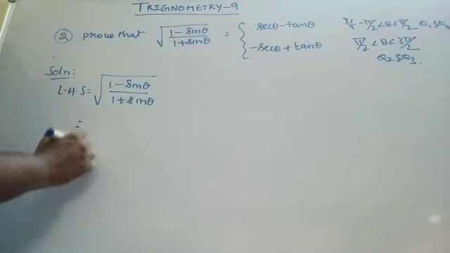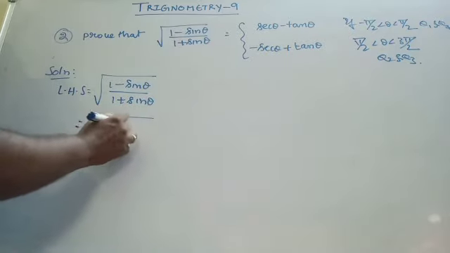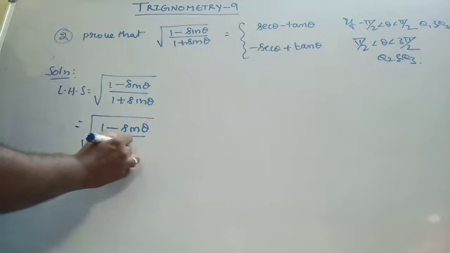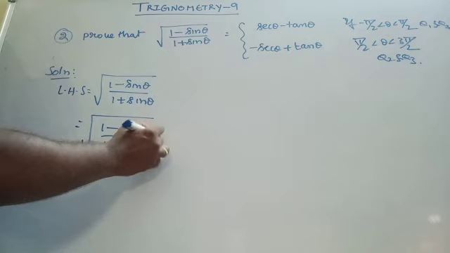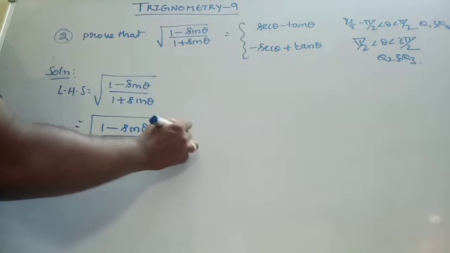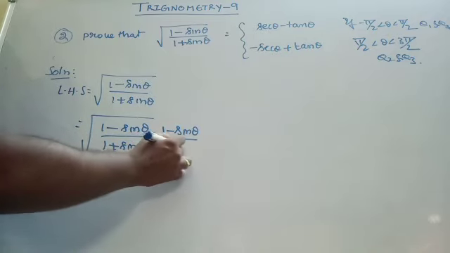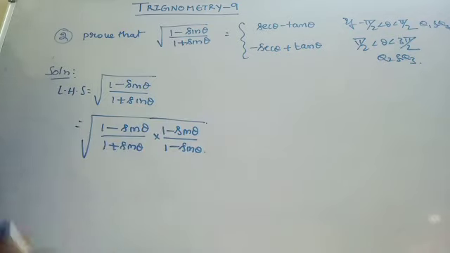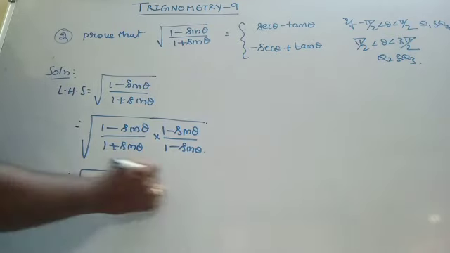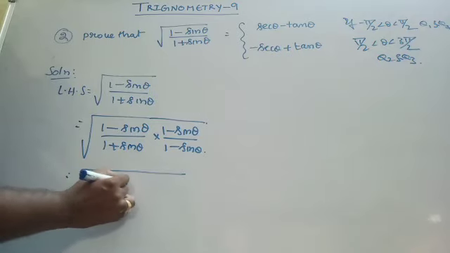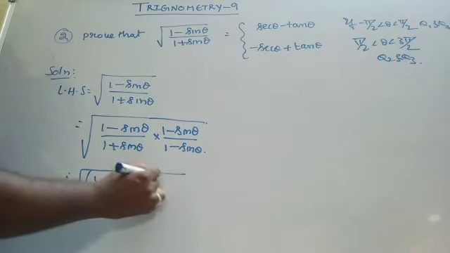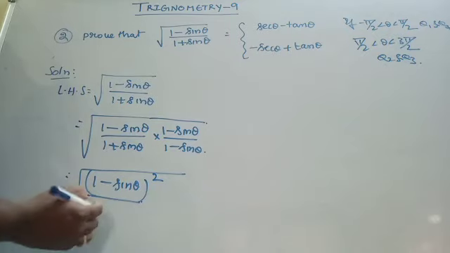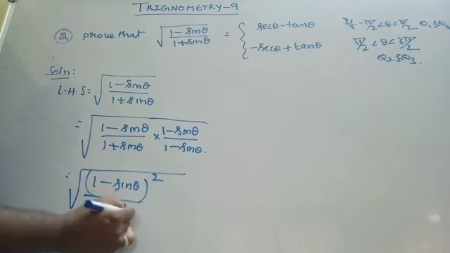To do this we multiply and divide by 1 minus sin theta. It becomes (1 minus sin theta) whole square divided by (1 plus sin theta) into (1 minus sin theta), that is 1 minus sin square theta, that is cos square theta.